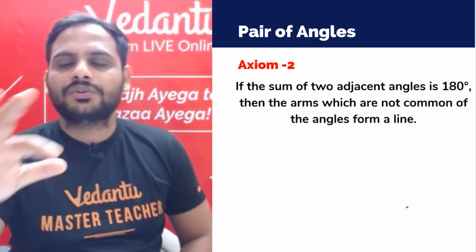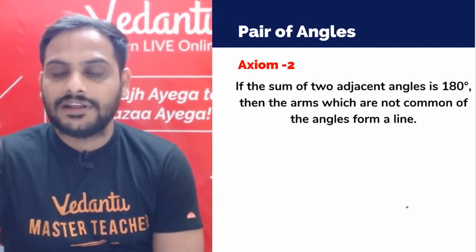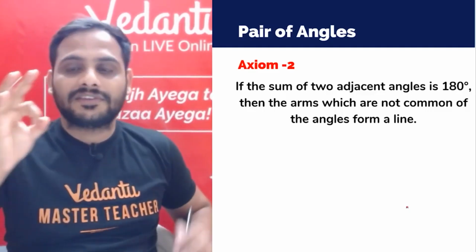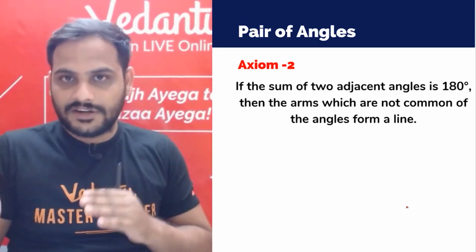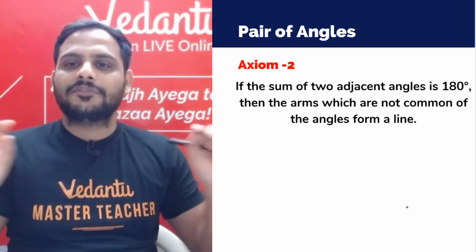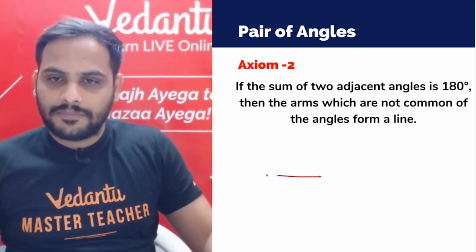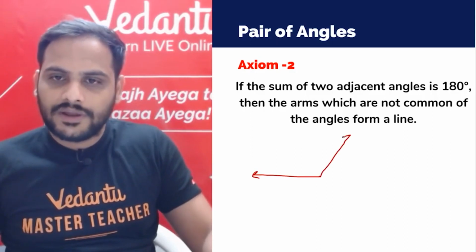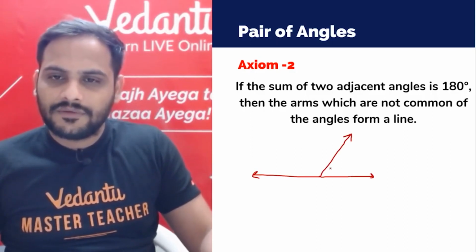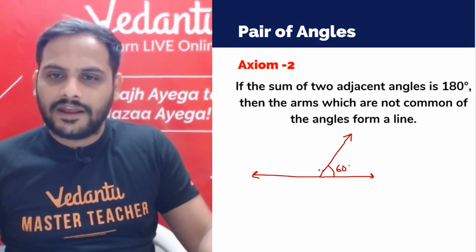Okay? Axiom 2 is just the converse of it, that if the sum of two adjacent angles is 180 degree, then the non-common arms form a line. For example, let's say I have two adjacent angles like this. One angle is 60 degree and this angle is 120 degree.